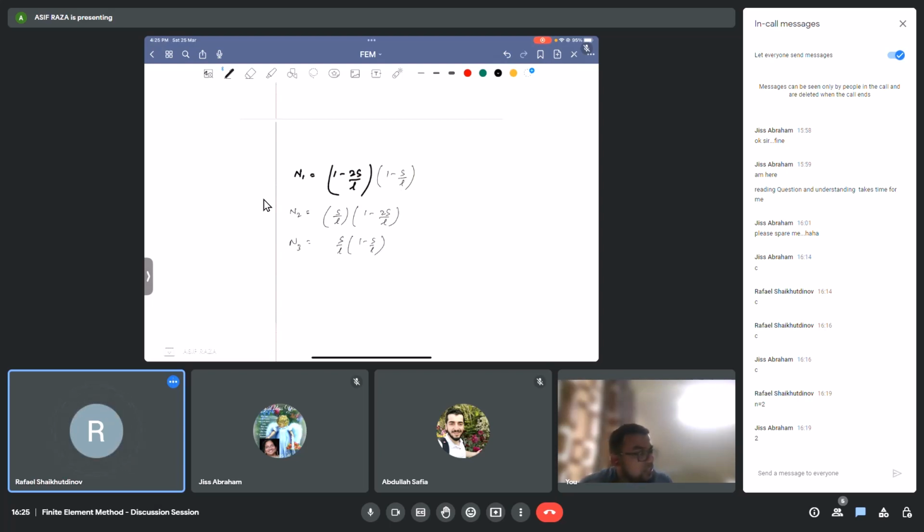In the boundary we had a node number 4 because 3 was not on the boundary, it was on the triangle.